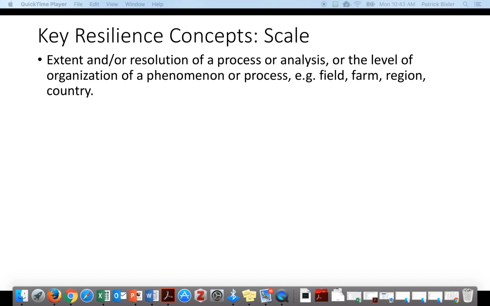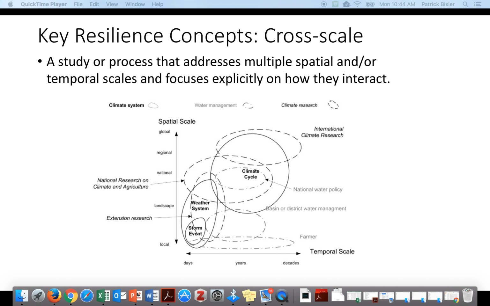You can see, if you look at the figure with some detail, the way climate systems operate across multiple scales, have cross-scale interactions. The weather, water systems. So that's what cross-scale refers to, working across multiple scales. How a change in one scale can affect a change at another scale.